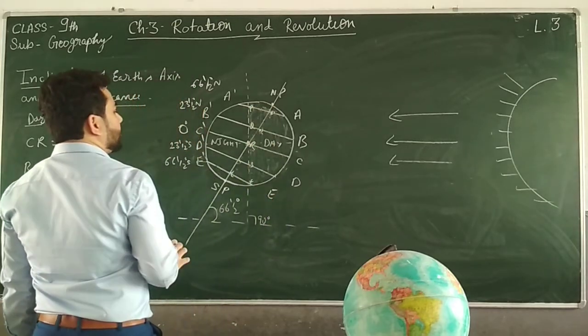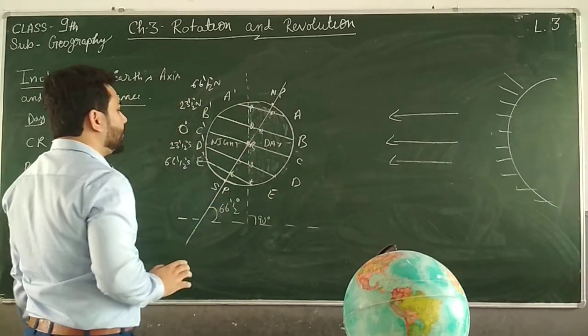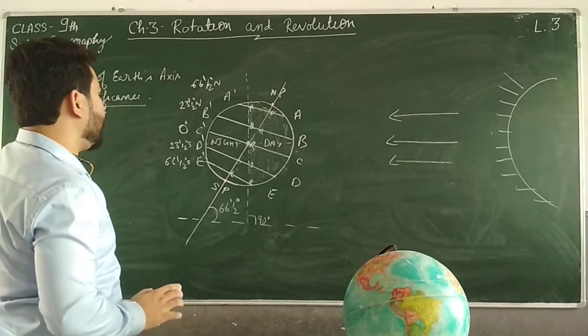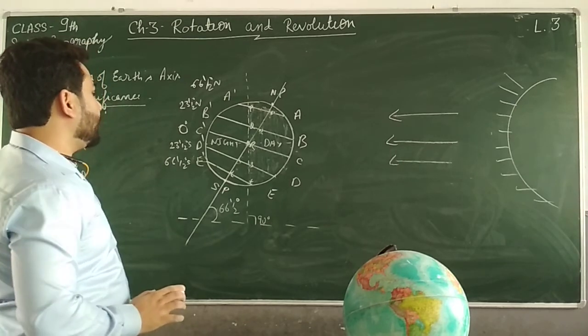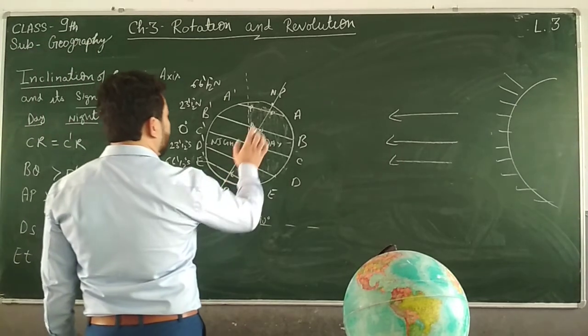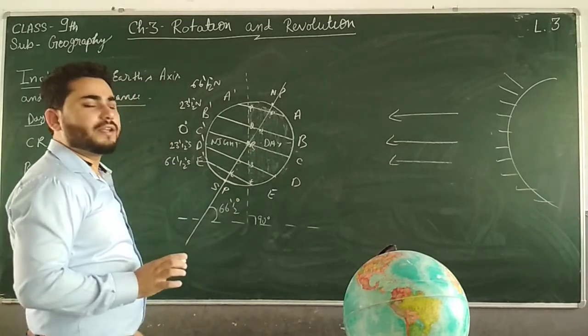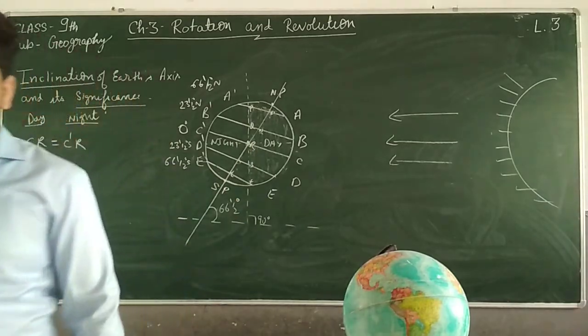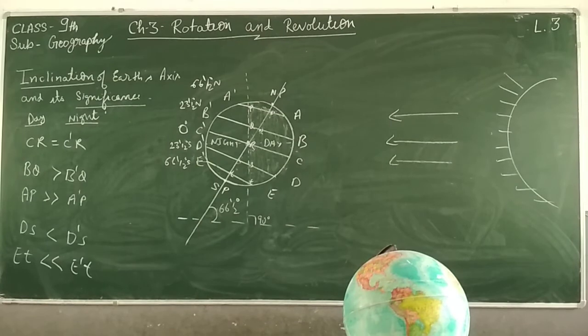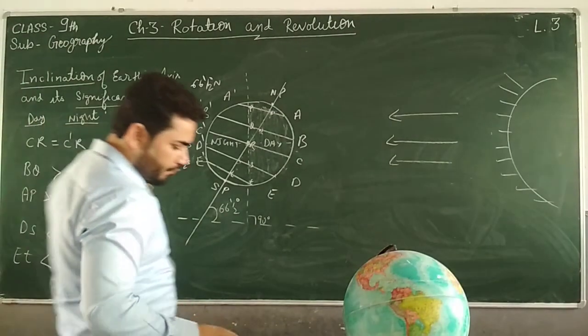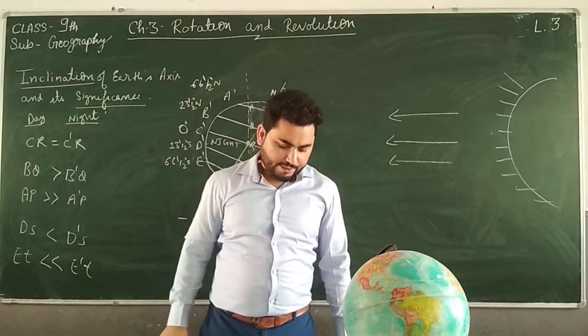Clear? So this variation in the length of days and nights on different latitudes is just because of the inclination of Earth's axis, which is 66 and a half degrees. Clear? So I hope you have understood this.